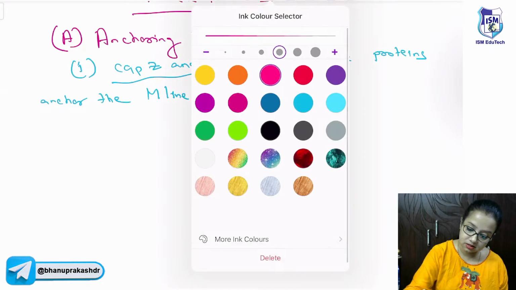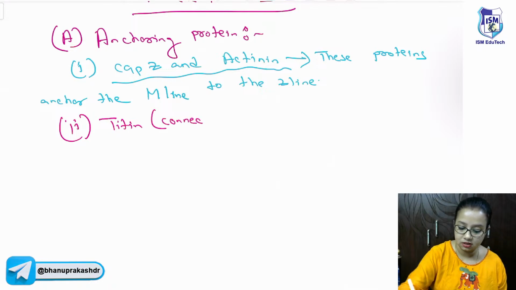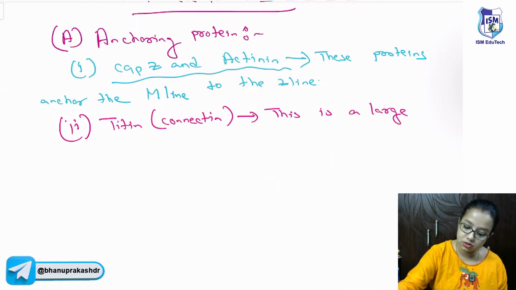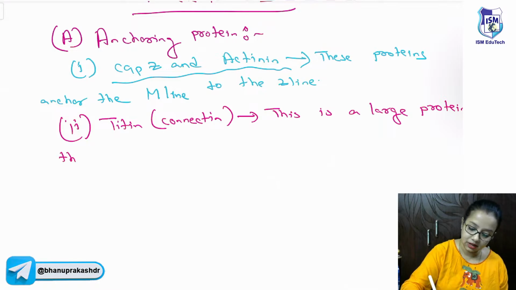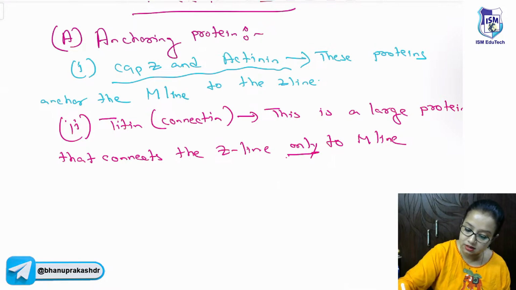Second is titin. Titin is also called connectin. Now, this is a large protein that connects the Z line only to the M line. So here we use the term only.